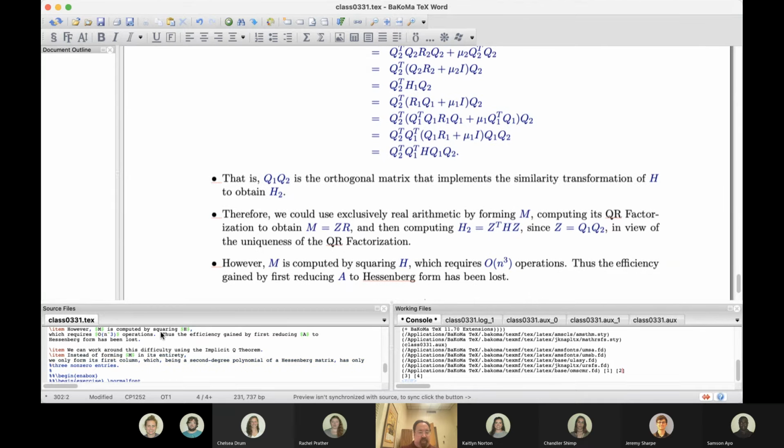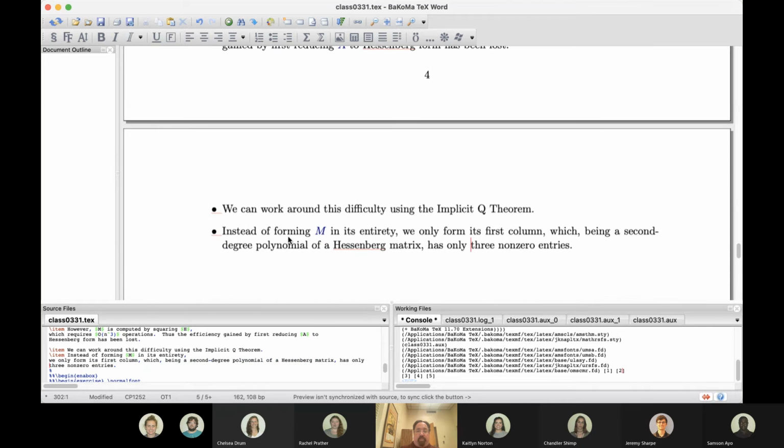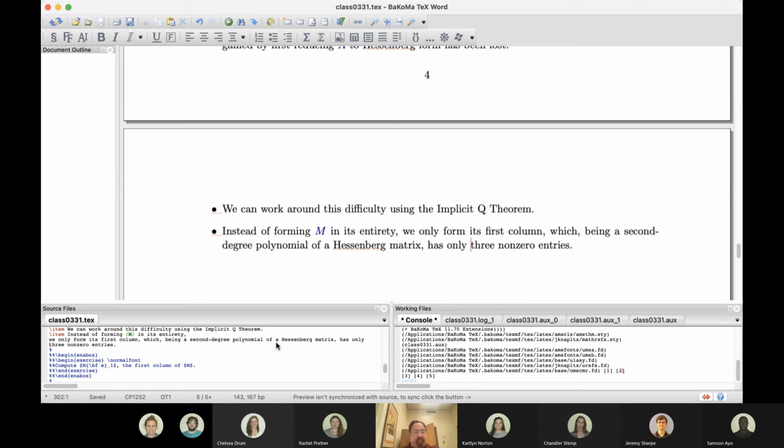So what we do is we don't form M completely. We only form a first column. Now, that's not a problem. A Hessenberg matrix has only 2 non-zero entries in its first column. If you square it, it's only going to have 3 non-zero entries. So that's a piece of cake to go ahead and compute those.